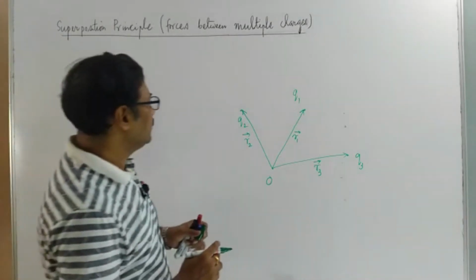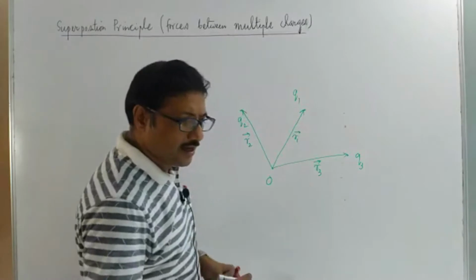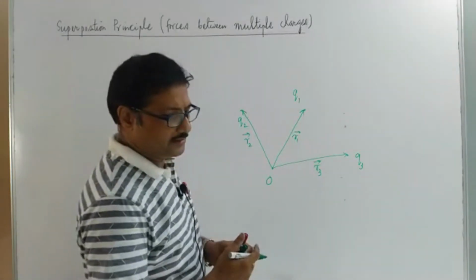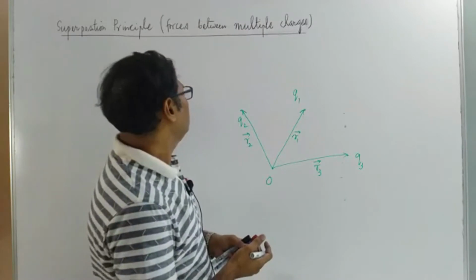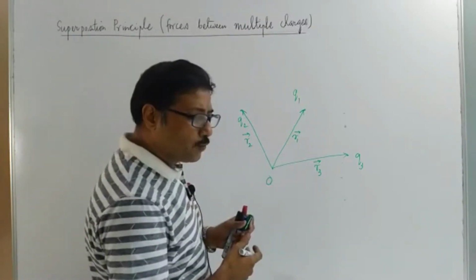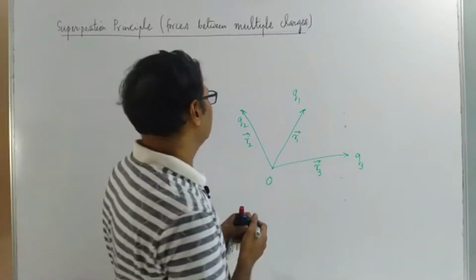As before, we consider that all three charges are like charges, that means charges with the same sign. In that case, there will be a force of repulsion between the point charges.